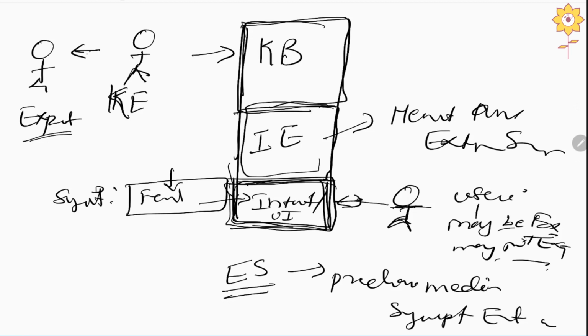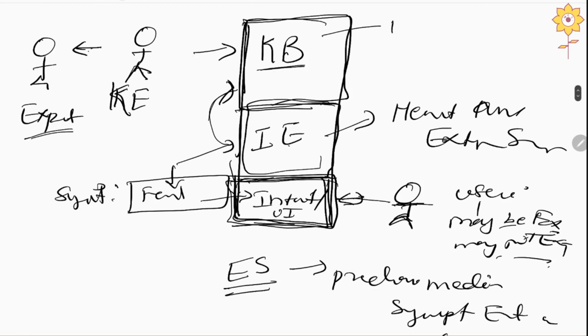This data is read by the inference engine, which carries it and passes it to the knowledge base. In our knowledge base we have knowledge already stored in the format of an if-then rule, saying that if symptom equals fever, then prescription equals paracetamol.